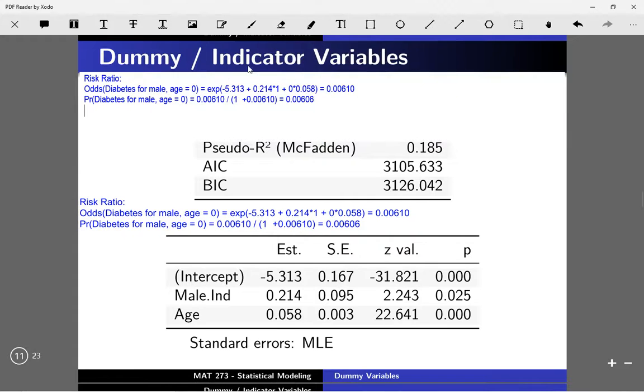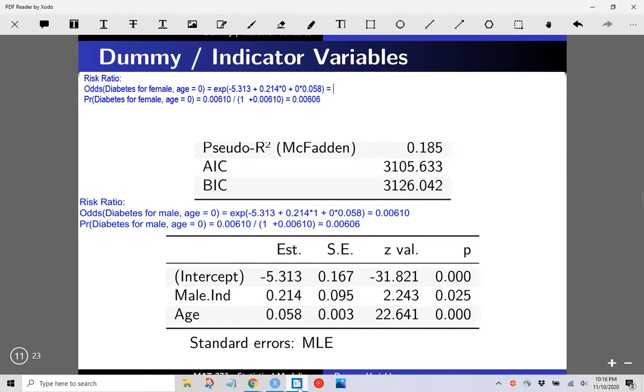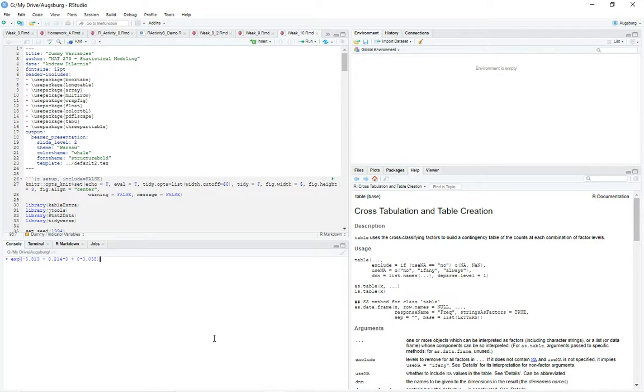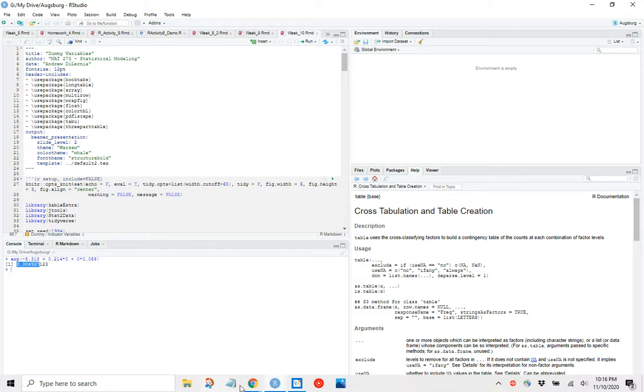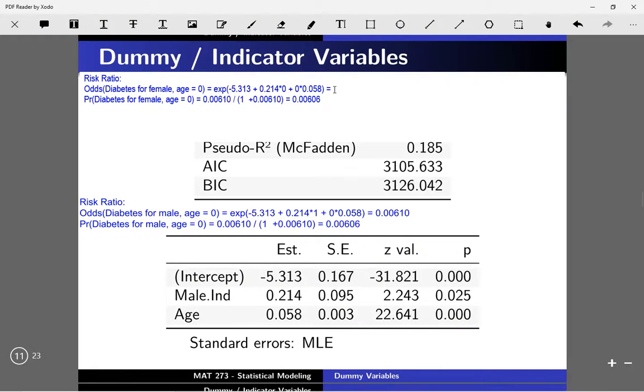Okay, so odds of diabetes for female. For female, the values are similar, but the indicator for them being a male is 0 instead of 1. So it'd actually be like this. And then we can use R to see what this value is going to be. Okay, so different. It's lower. The odds of being diabetic are lower for females.